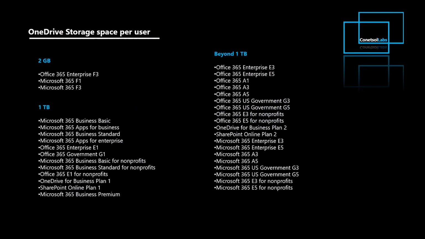Here is the subscription list, and Microsoft provides OneDrive storage according to the user's subscription. We can see 2 GB in Microsoft 365 F1 and F3, and 1 terabyte of storage in Office 365 Enterprise E1, for example, or Microsoft 365 Business Premium.